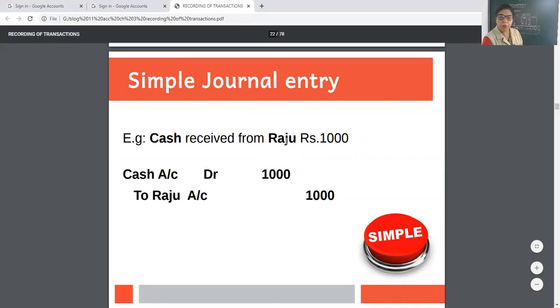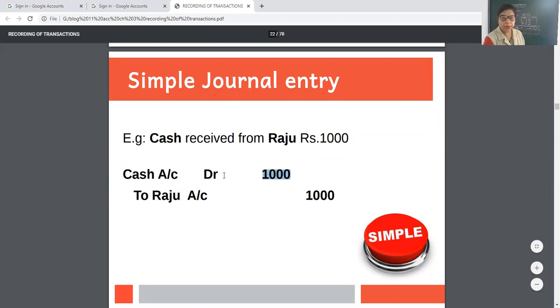Cash received from a person. Now the rule: only the name will change. In place of Raju, it may be Amitabh, Abhishek, Aishwarya, Shahrukh, Amir, anyone. Only the name and the amount will change. If in place of 1,000 it is 1 crore, you will write 1 crore. Otherwise, the basic entry will be the same. Note down: cash received from Raju.